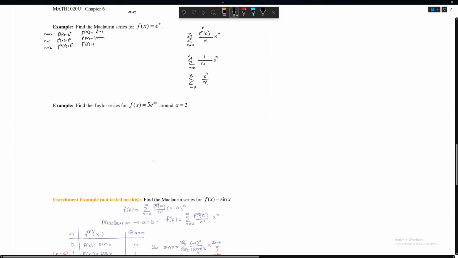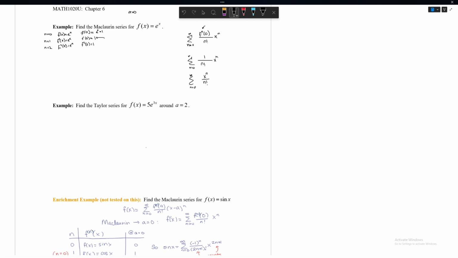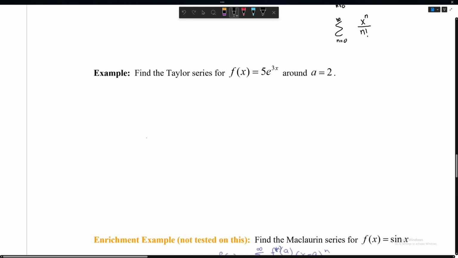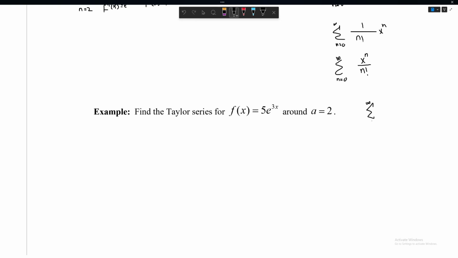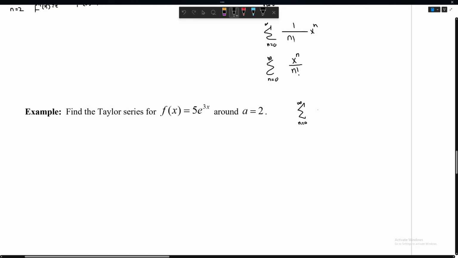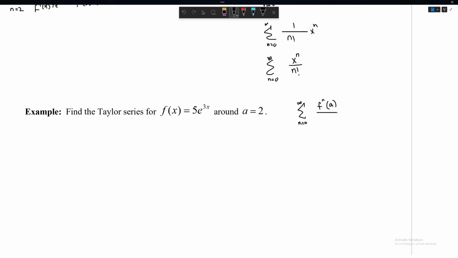Well, we're going to go to something more complex, where you'll really see the use case of this. Now we're finding the Taylor series. So if I'm going to write the equation here, the sum from n equals 0 to infinity of f^(n) at a over my n factorial times my x minus a.